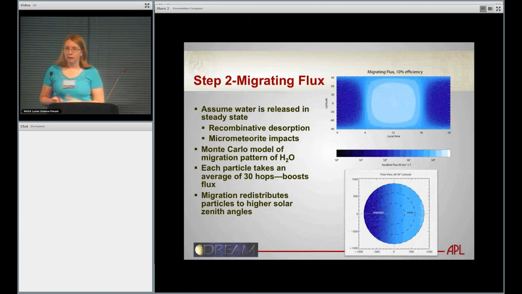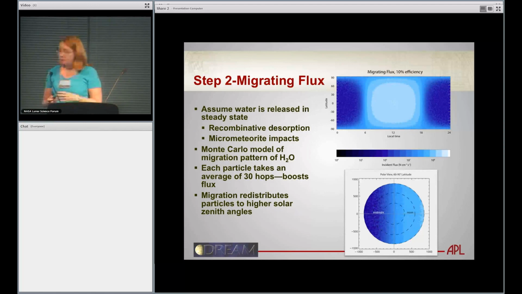All the protons are hitting the moon. Some of them are getting stuck in the regolith, but it's in steady state. After the regolith has been exposed for a while, for every proton coming in, something has got to be leaving, some hydrogen leaving.